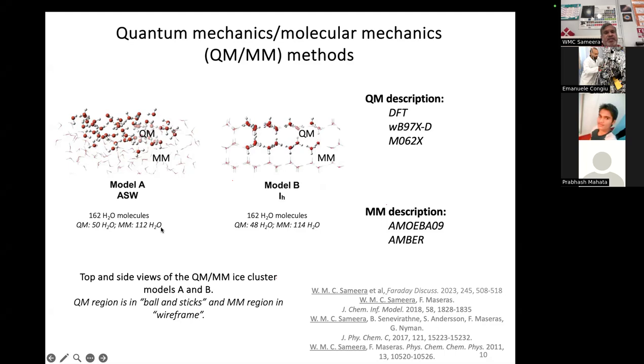Altogether, it is about 500 atoms. So you can see it is quite a large molecular system.